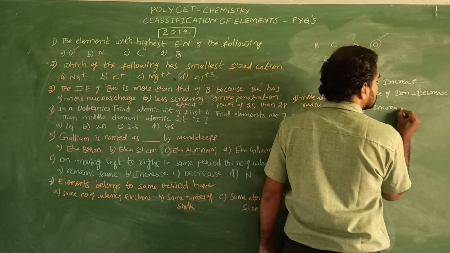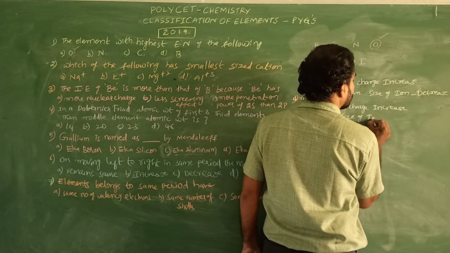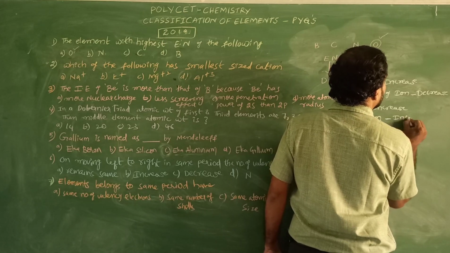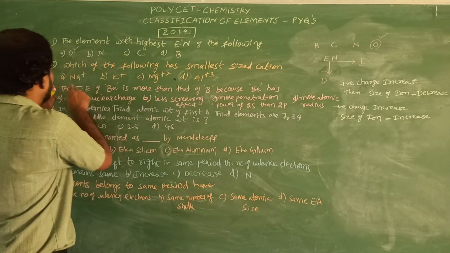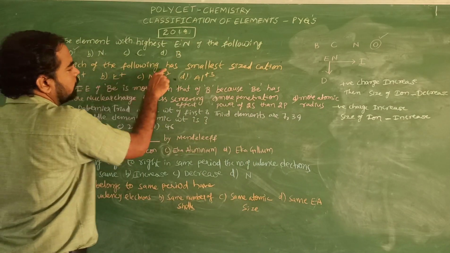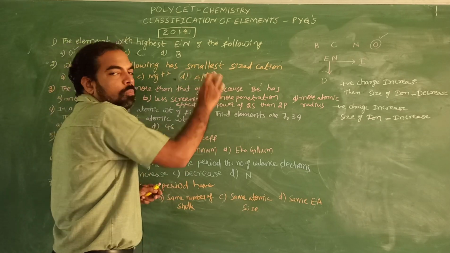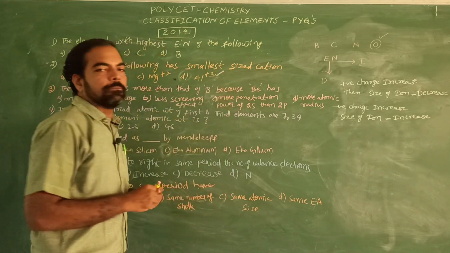Negative charge increase, size of ion increases. The given options are sodium plus, potassium plus, magnesium plus 2 and Al plus 3. Here Al plus 3 has the most positive charge; the more the positive charge, the less the ionic size. So the option is D.